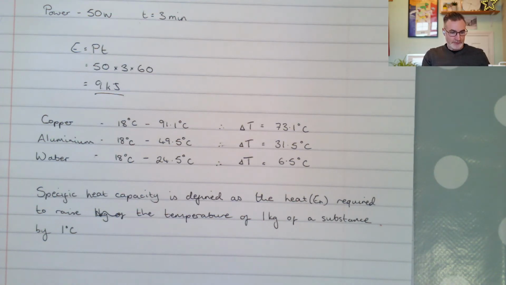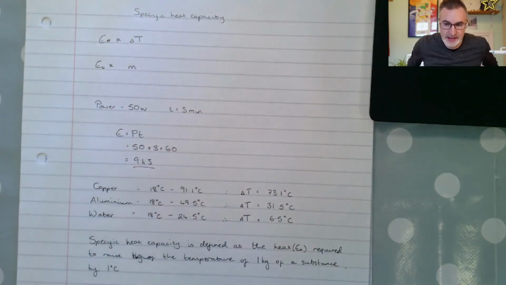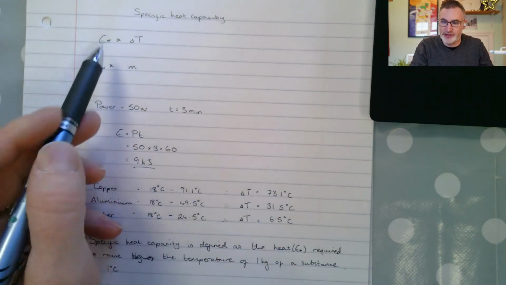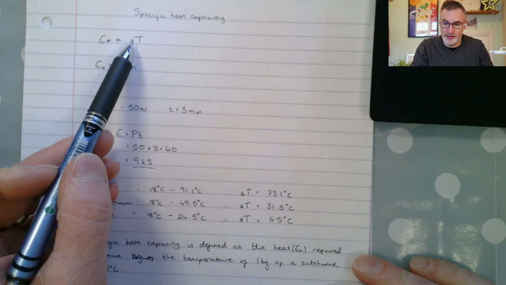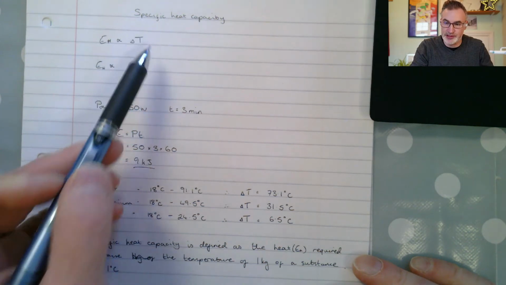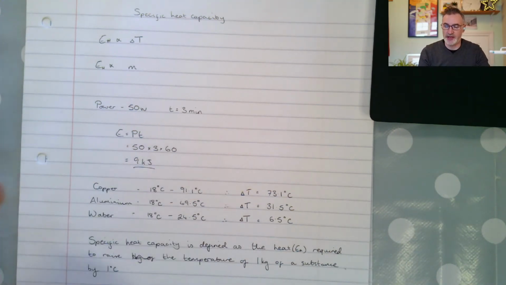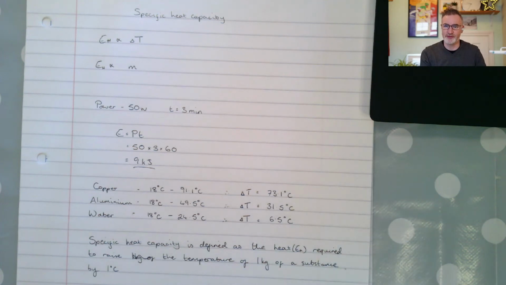Okay, so putting it all together, we have seen that the amount of heat energy required to change the temperature of something is determined by the amount of temperature change that you need. So if you need to make it hotter, it's going to require more energy. That's fairly obvious. Again, it's fairly obvious that if you have more of the material, it's going to take more energy to raise its temperature.